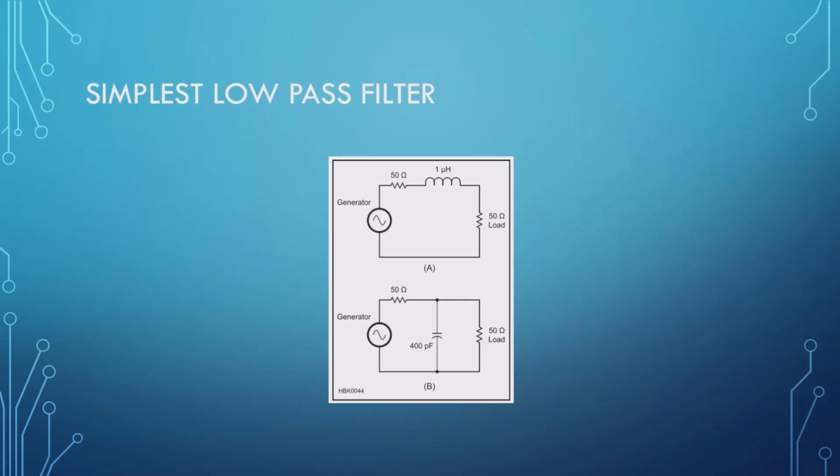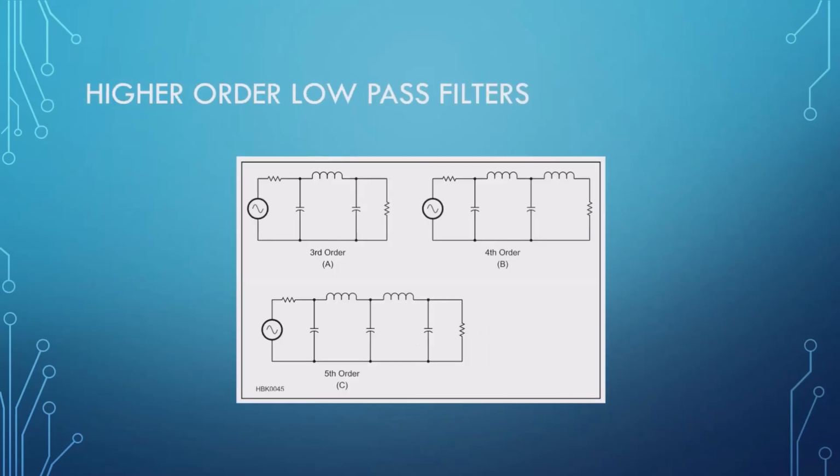Now, the next one, which is a simple high-pass filter, well, actually, I think this is a more complex one. So these are considered higher order low-pass filters, and that's based on the number of poles that we have. Based on the number of components, we have a third order, a fourth order, and then a fifth order.